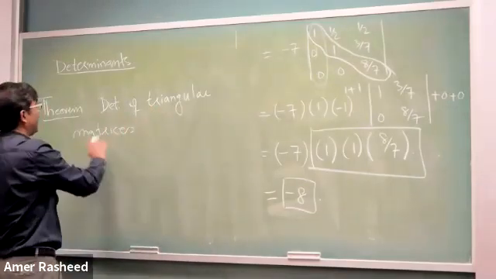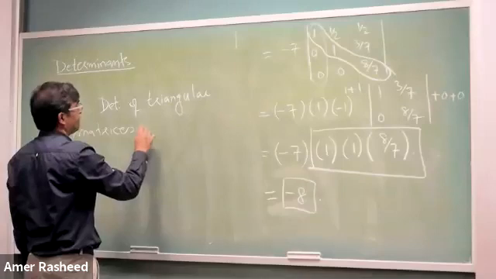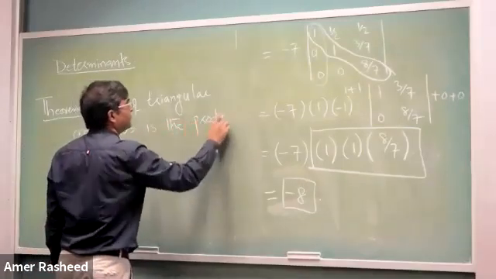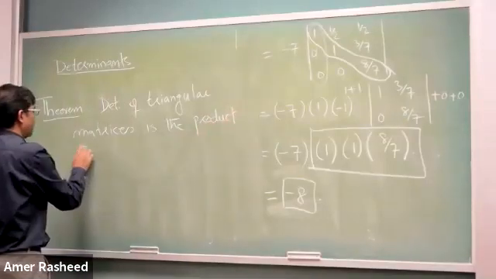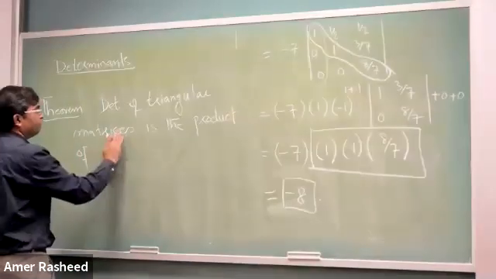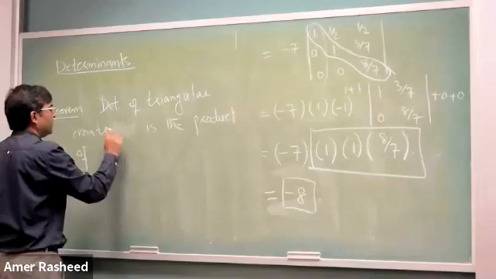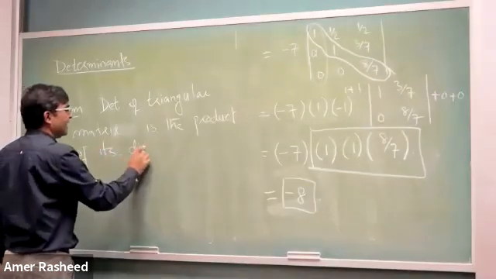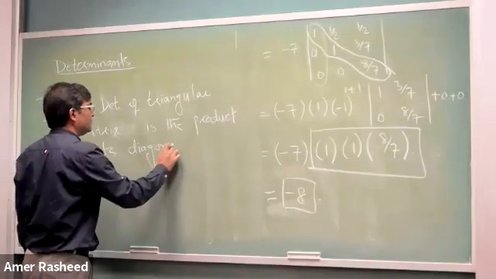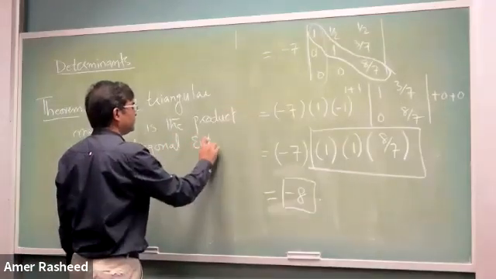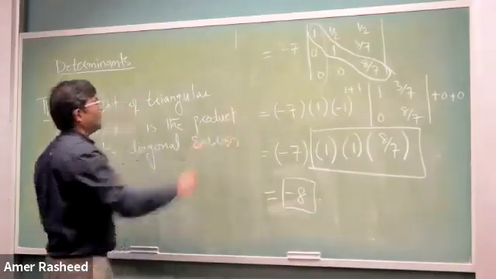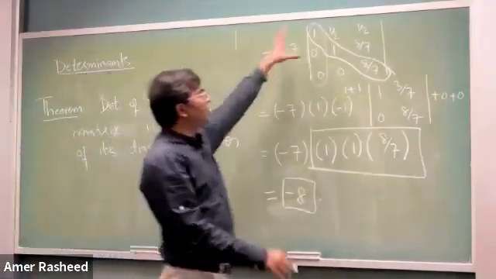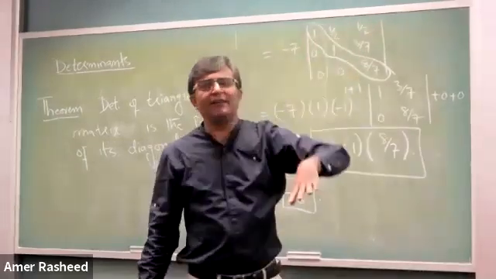The determinant of a triangular matrix is the product of its diagonal entries. That's why we are interested in converting the given determinant into echelon form.